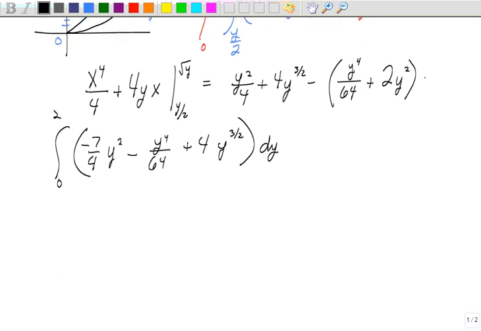Now notice I don't put an equals here. That's not true. This is just the first integral, then we're going to do the second integral, so they're not equal.